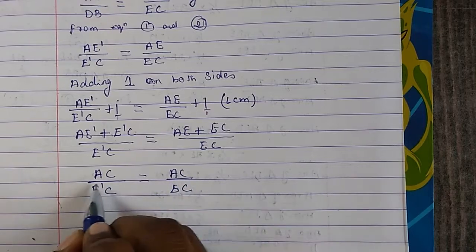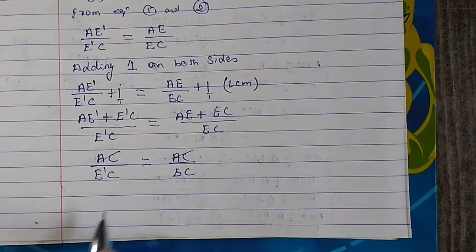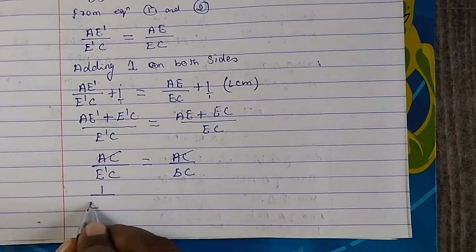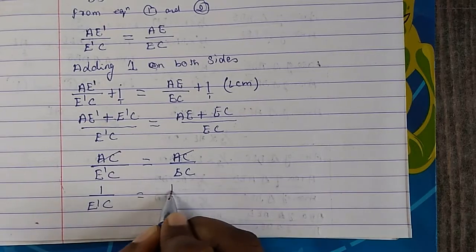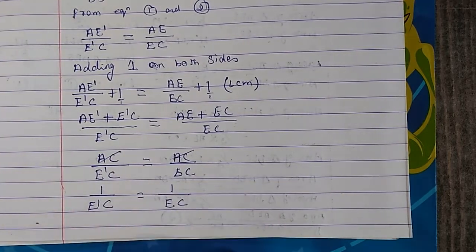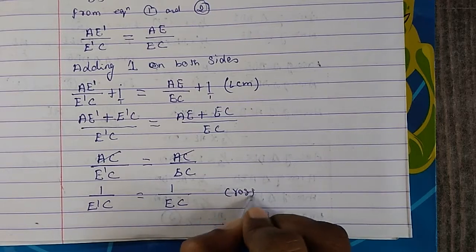So now both the side AC is there, let's cancel. So then what we will have? 1 upon E dash C. Here also 1 upon EC. So cross multiply.